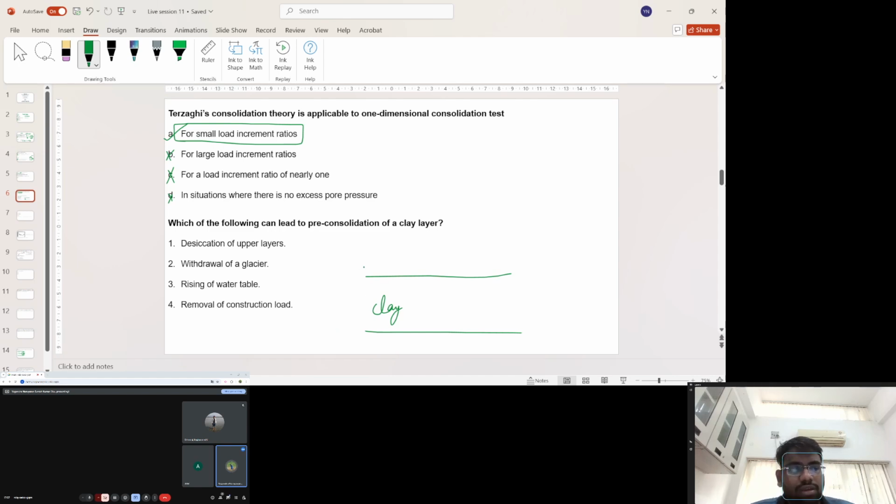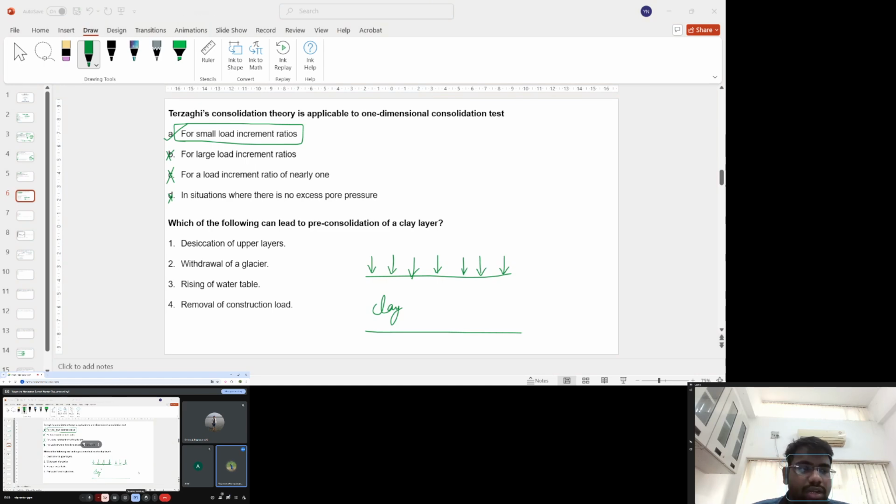So the formation of glacier above this layer as well as the load due to construction, right? So in both cases, the applied load is increasing. Am I right or wrong? Am I clear? Which case, sir? Accumulated load.